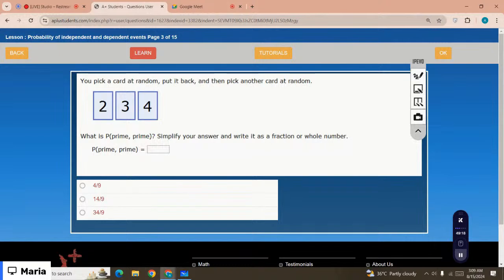The first time you pick a card, they are independent events because you put the first card back.